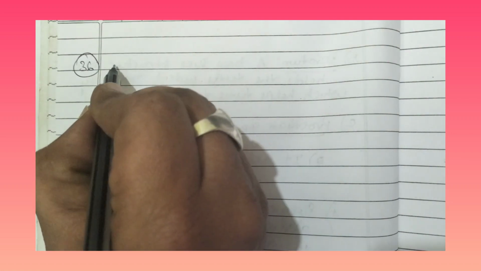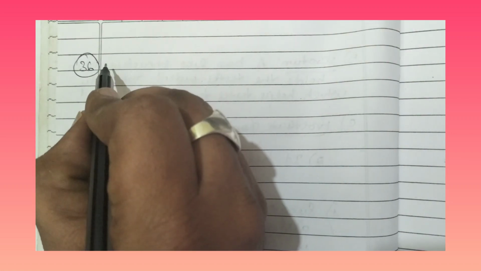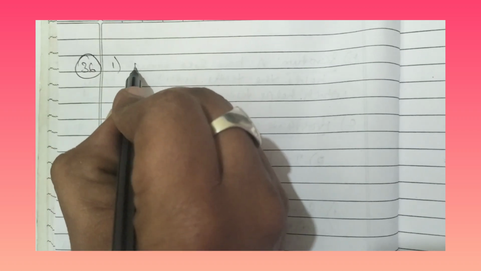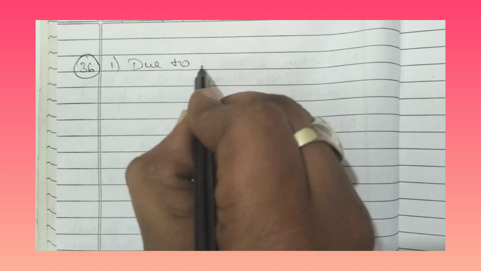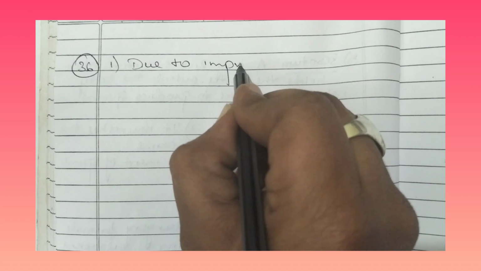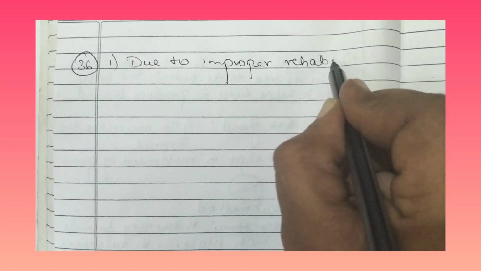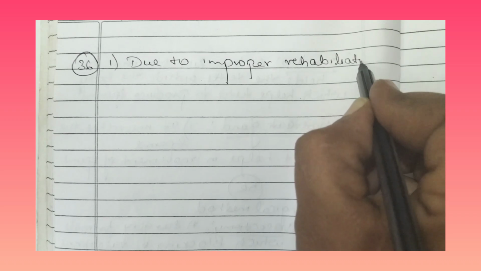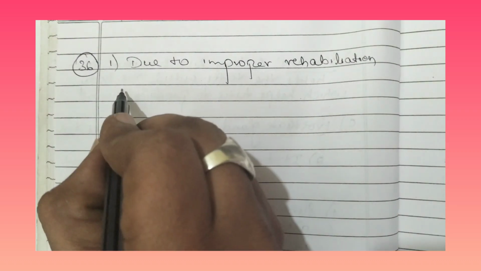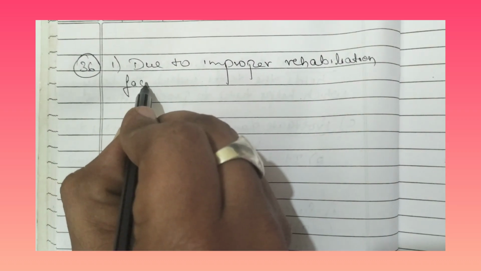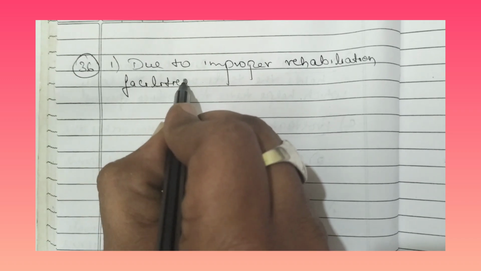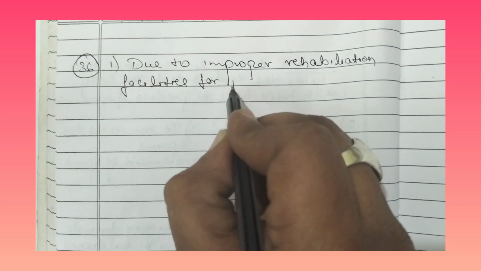So let us write the reasons why the environmentalists have protested against raising the height of the Sardar Sarovar Dam. The first one is due to improper rehabilitation facilities for people.